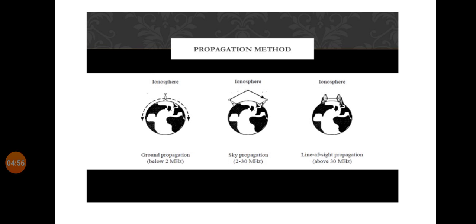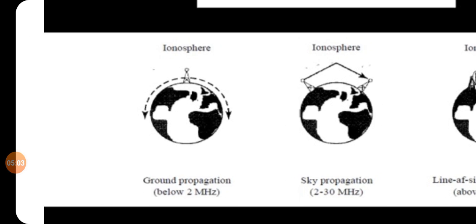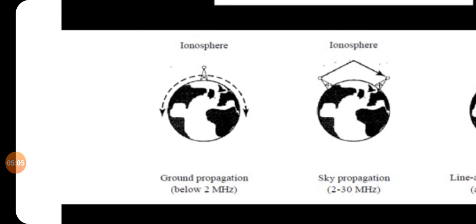So now let us see how the ground wave propagation looks like. This is the first diagram you can see. That is ground propagation. What is displayed as this circle or sphere is nothing but Earth. Whatever is displayed with a dotted line means the ground waves that travel through the Earth's wall.